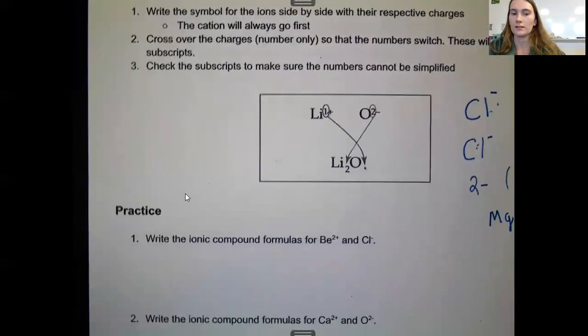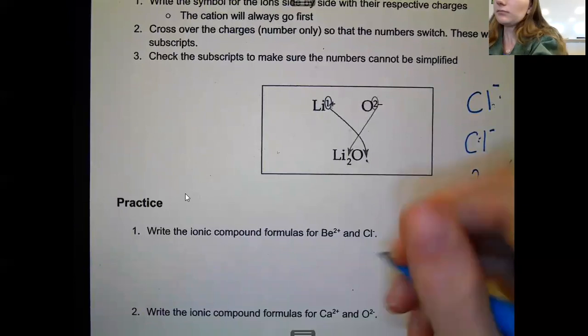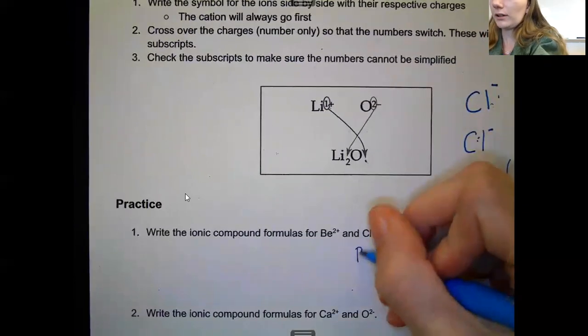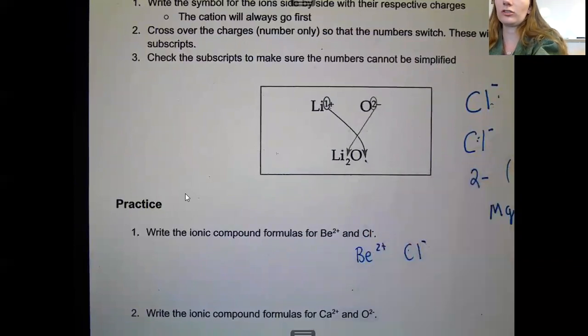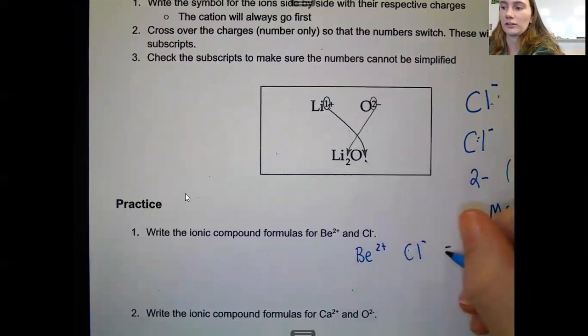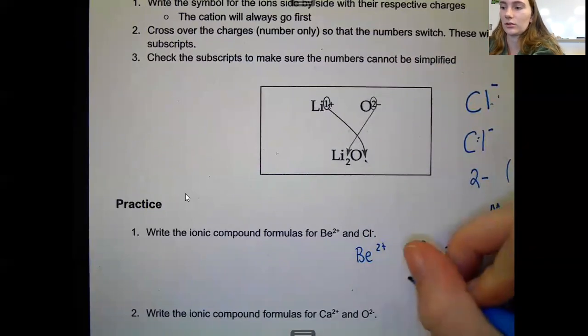Okay, so let's try an example. We want to write the ionic compound formula for beryllium 2+ and chlorine -. So remember, if we have a beryllium 2+ and a chlorine -, and I just leave it like that, it's not neutral, right? We would still end up with a +1 for the overall charge. So we needed to add that second chlorine.